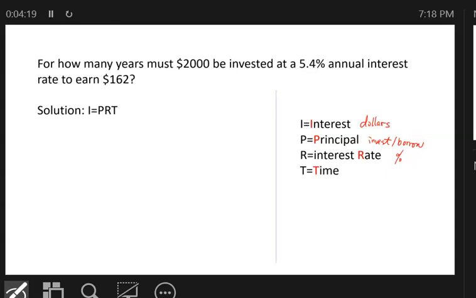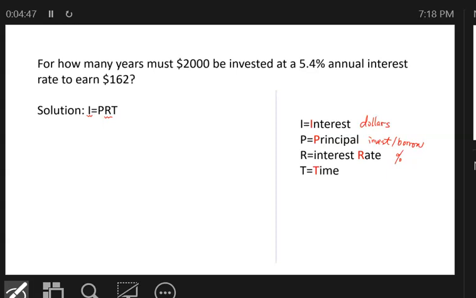Again, I is the interest, which is a dollar amount. Don't confuse this with the letter R. R is the interest rate, which is a percentage. The interest, how much money we earn or have to pay to the bank, depends on the principal, the total money we invest or borrow, times the rate.